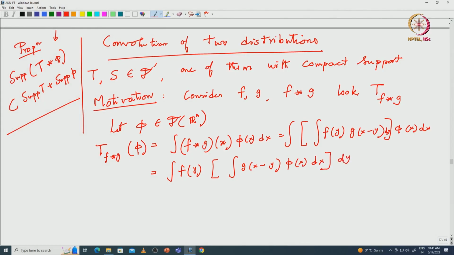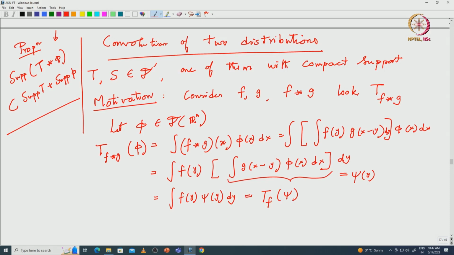I call this to be psi of y, and so you will get the integral of f of y psi of y dy. In that case this you can write as Tf acting at psi.